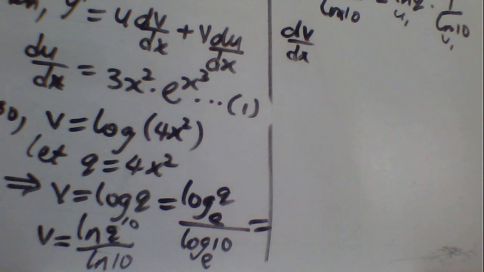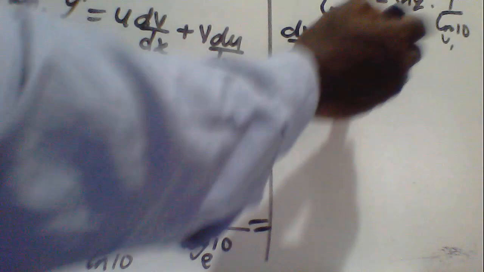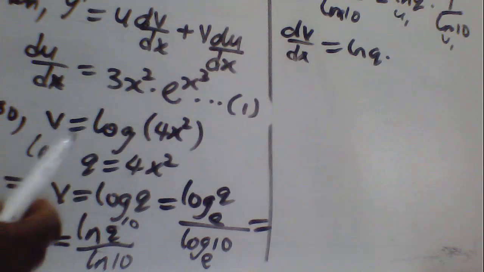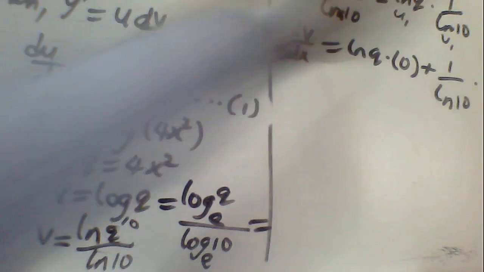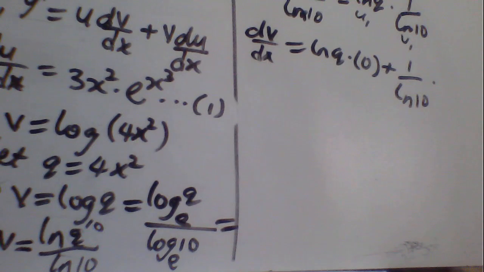So dv over dx is equal to, you keep ln q and differentiate 1 over ln 10. You know it's a constant, and differentiation of a constant is equal to 0. Plus, you keep 1 over ln 10 and differentiate ln q, which gives us 1 over q.